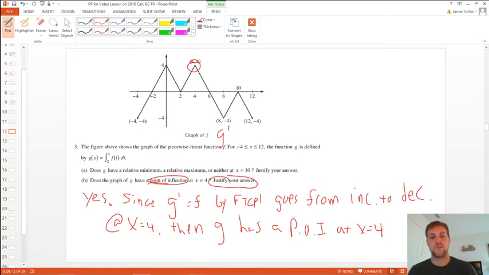So since g prime goes from increasing to decreasing at x equals 4, then g has a point of inflection at x equals 4. That's just the definition of a point of inflection. A point of inflection occurs when the derivative goes from increasing to decreasing or vice versa. All right? Not too bad, not too bad.